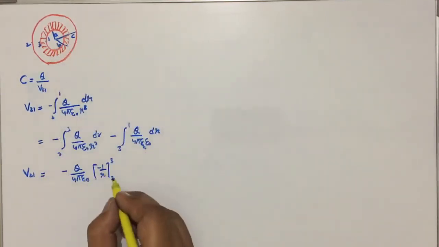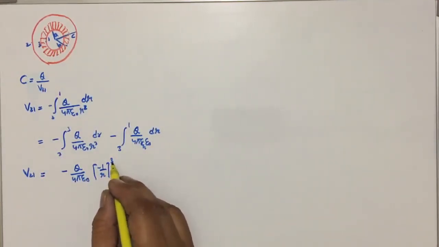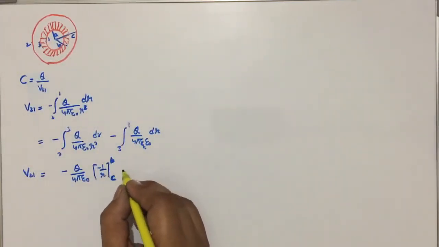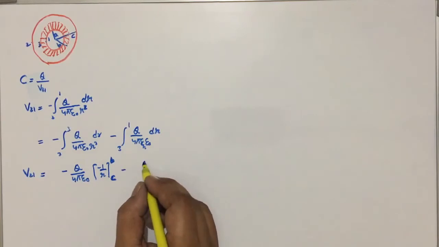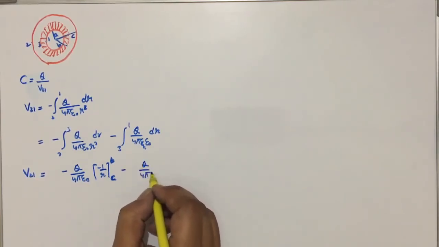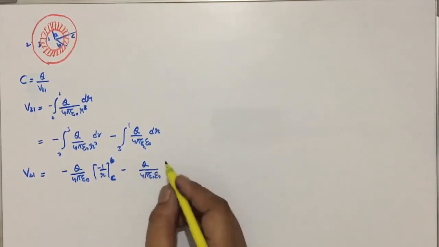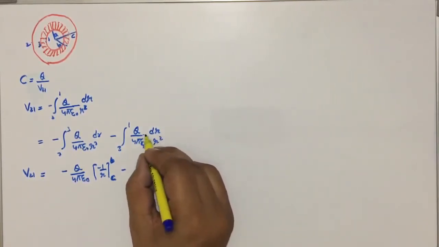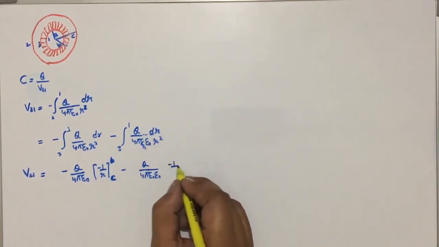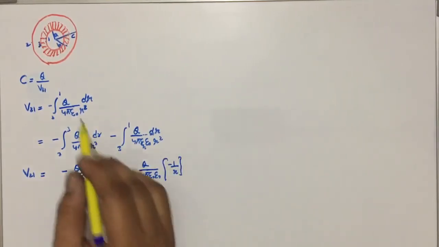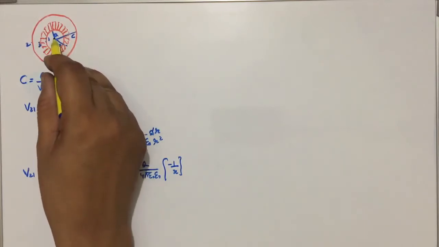At 2 the length is c, and at 3 the length is b. Then minus q by 4 pi epsilon naught epsilon r, minus 1 by r from 3 to 1, where 3 is b and 1 is a.